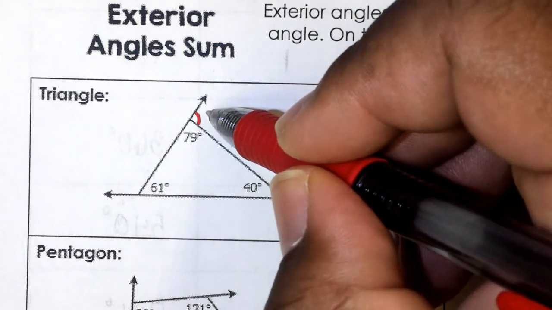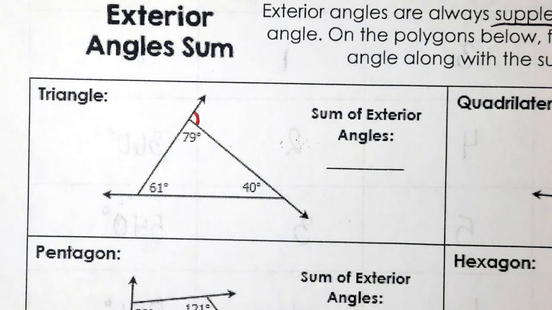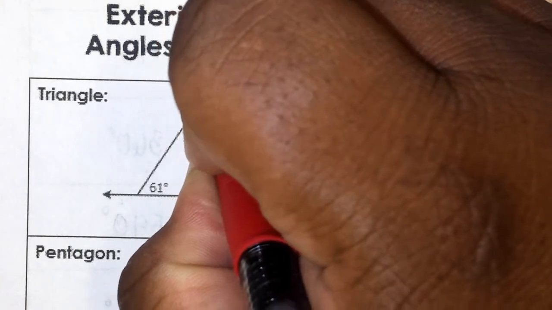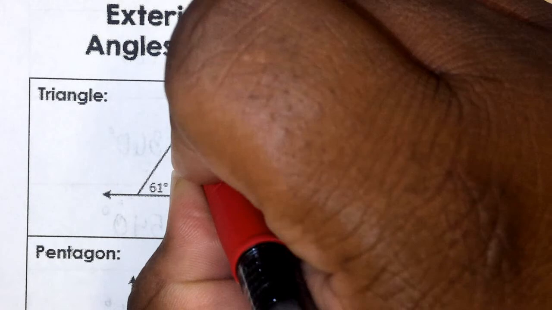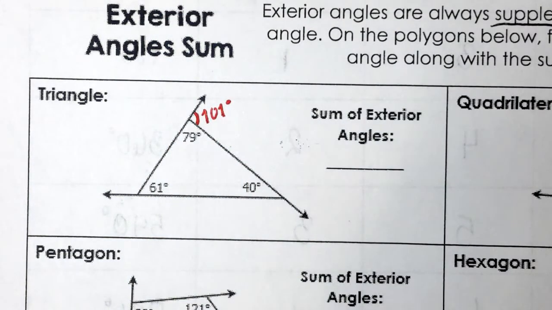So what would this exterior angle here have to be? Wrong. That's not what supplementary means, man. Spencer, go ahead, bud. 101 degrees.